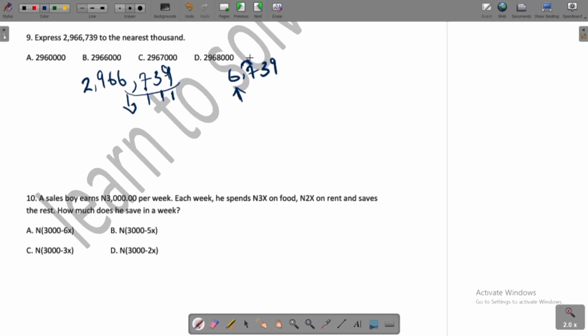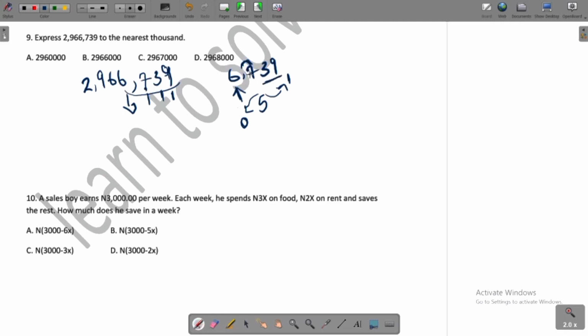If the number is up to 5, we round up to 1. Or if the number is below 5, that is 4, 3, 2, 1, we round it down to 0.